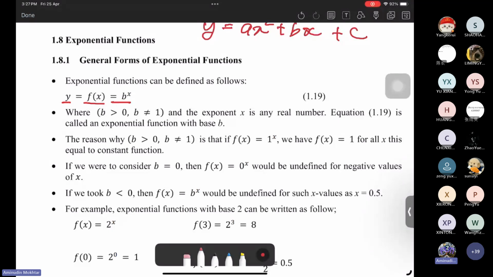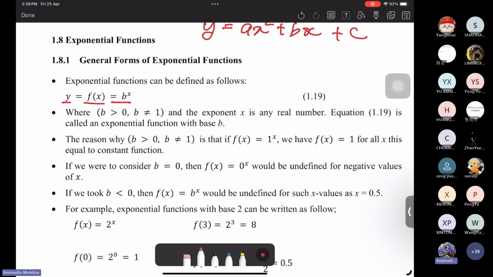If b equals 0, then 0 to the power of x is also equal to 0. And b must not equal 1. The exponent x is a real number. x can take any value from negative infinity to positive infinity.